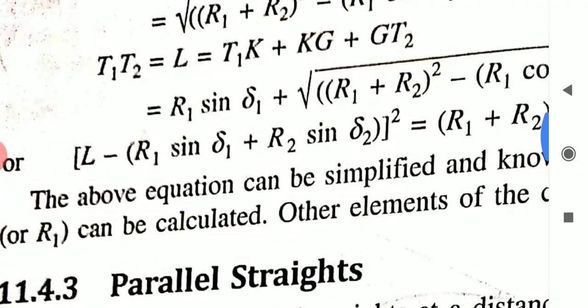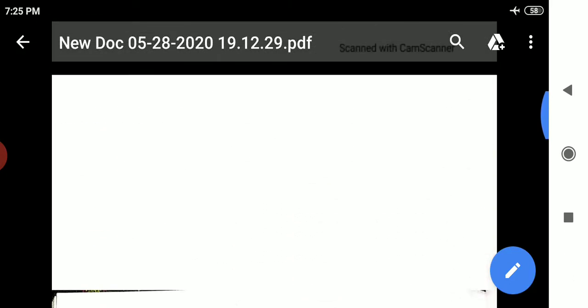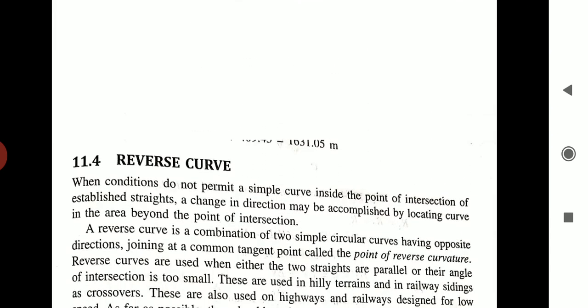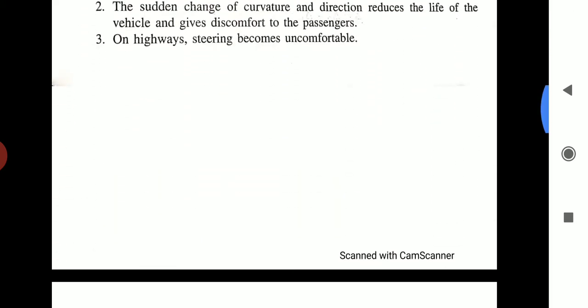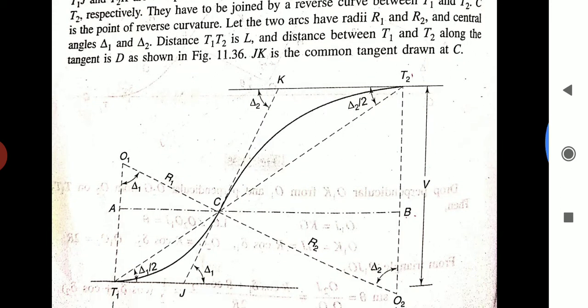So this figure consists of... see here, this is a reverse curve.